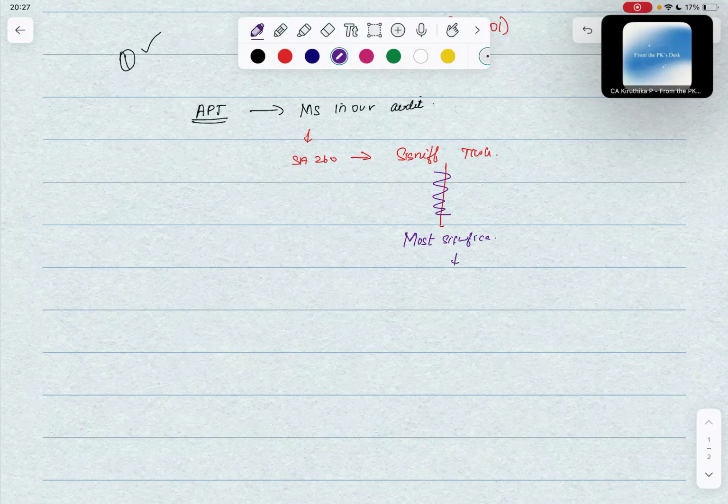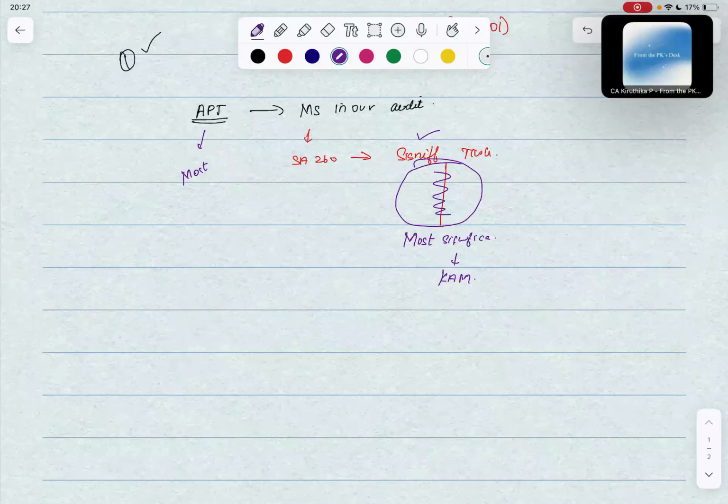And these will be communicated as KAM, which is key audit matter. So what are key audit matters? They are those matters, in the auditor's professional judgment, that users should know because they are most significant in the audit. These matters are selected from the matters communicated with TCWG because there is a filtering process here. Not all the significant matters communicated with TCWG will be included in the audit report as KAM.